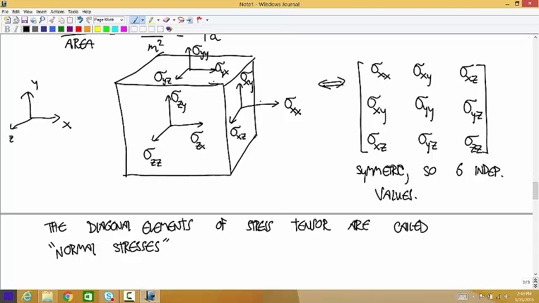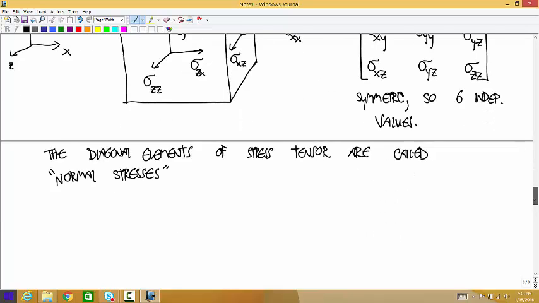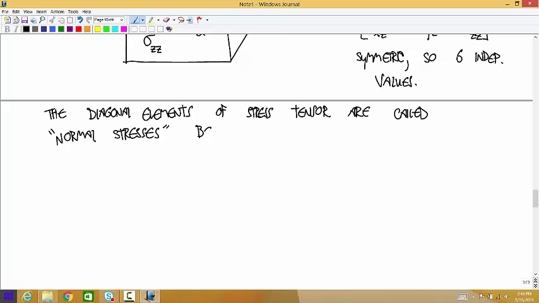Those are normal to the faces. So they're called the normal stresses because they act normal to the element faces.